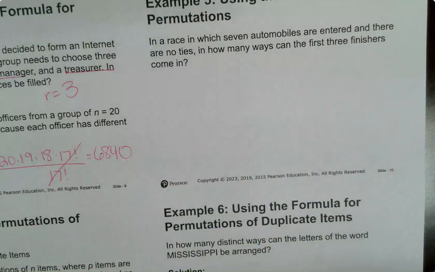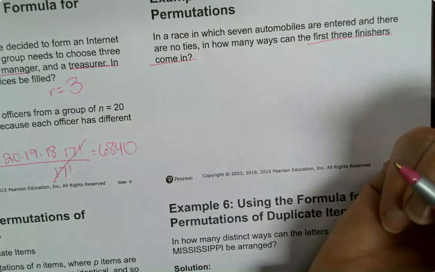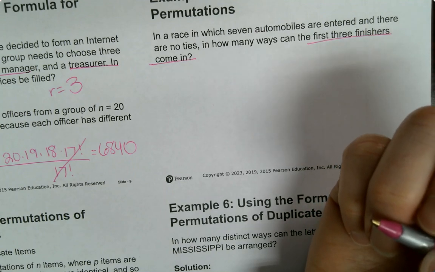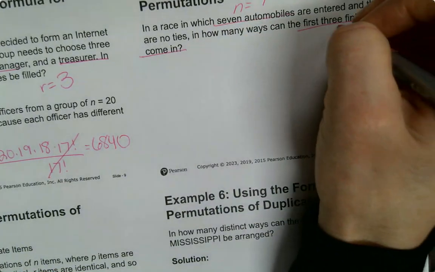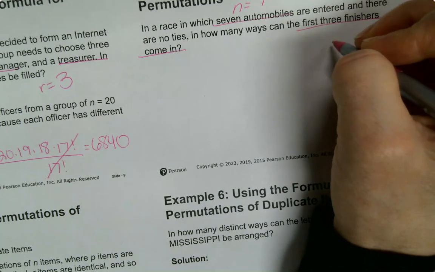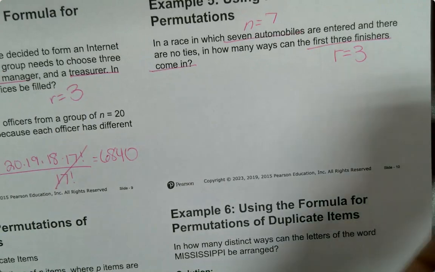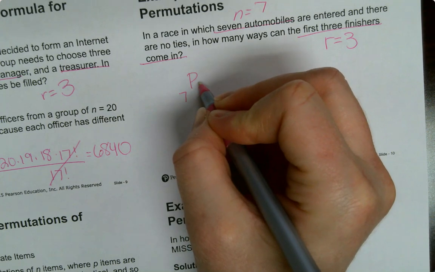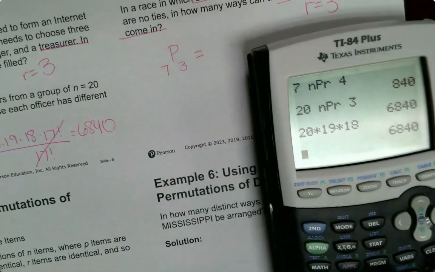Okay. In a race in which 7 automobiles are entered and there are no ties, how many ways can the first 3 finishers come in? So does it matter who's in first, who's in second, who's in third? Absolutely. So position matters. So we have 7 automobiles, and we are coming up with our first 3 positions. So you can do 7 NPR 3, or you can do your fraction again.